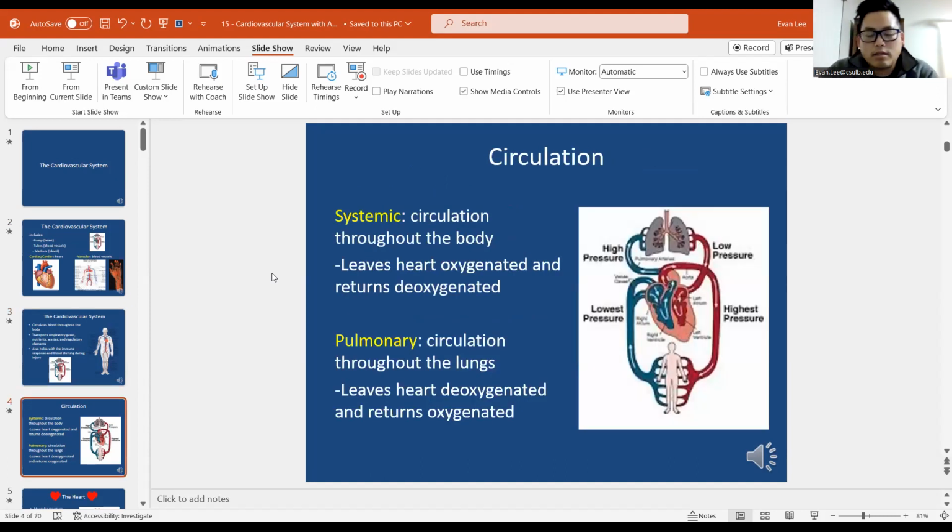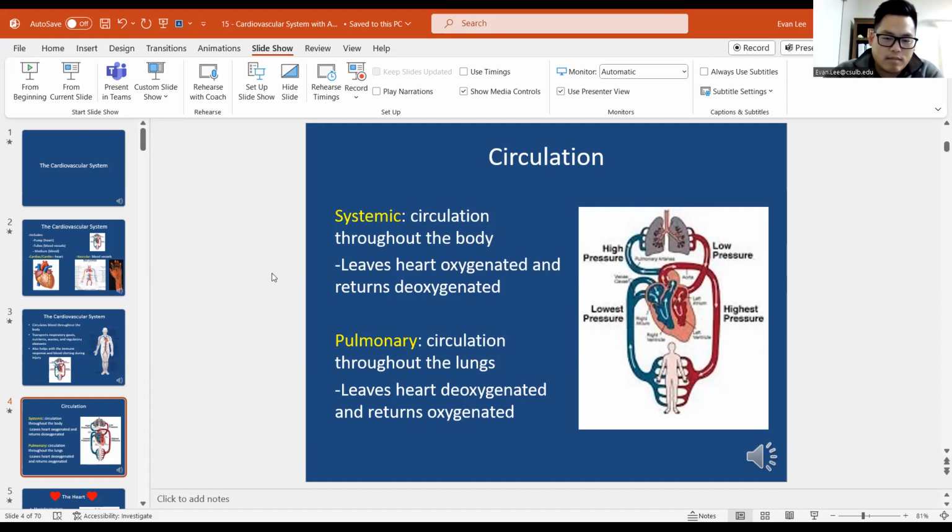Now, when we talk about circulation, a couple of words that are really important, especially one of them, are systemic and pulmonary. Systemic is the one that you may not have heard before, but systemic basically means everything else, all throughout the body.